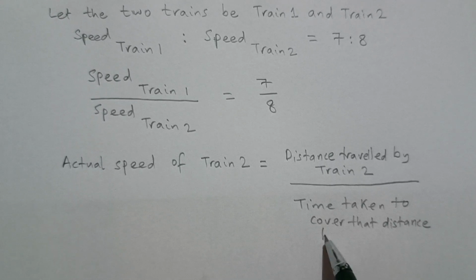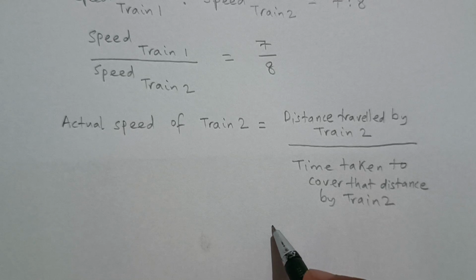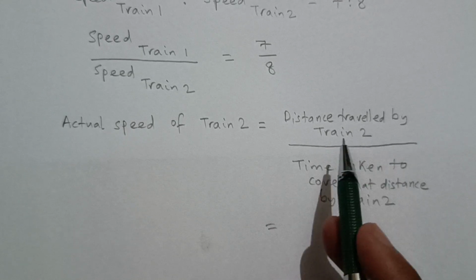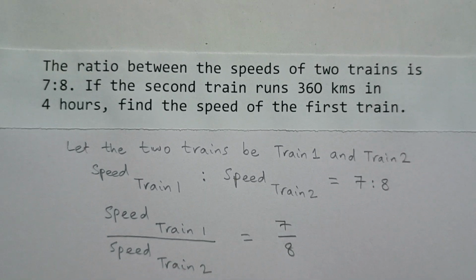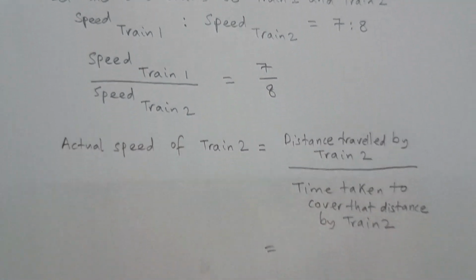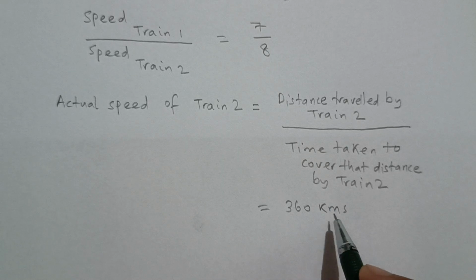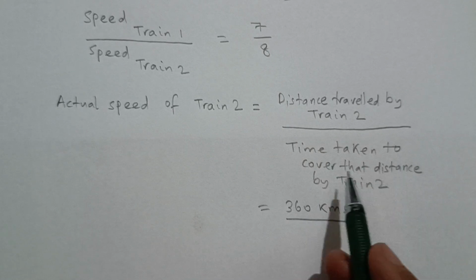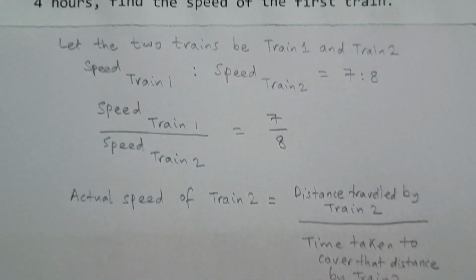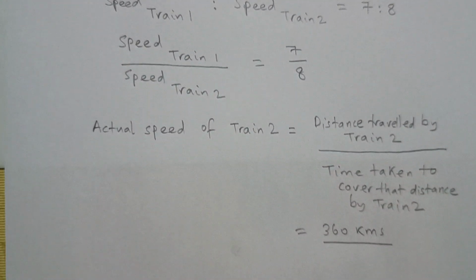By train 2. So now what is the distance traveled by train 2? The distance traveled by train 2 is 360 kilometers. And what is the time taken to cover that distance? The time taken is 4 hours.